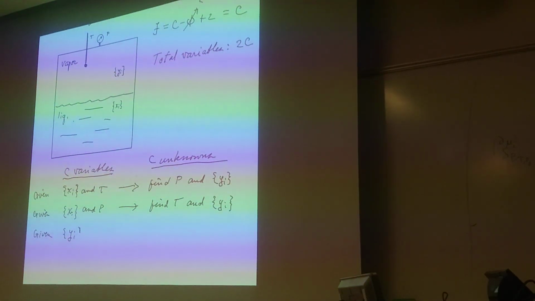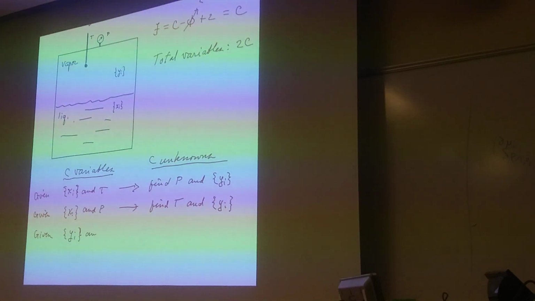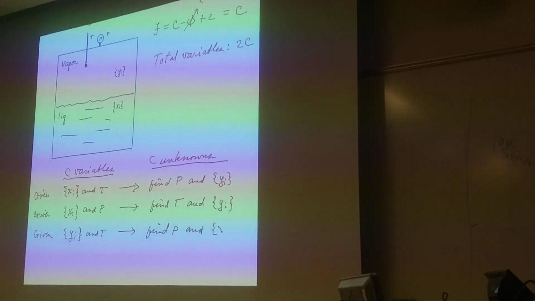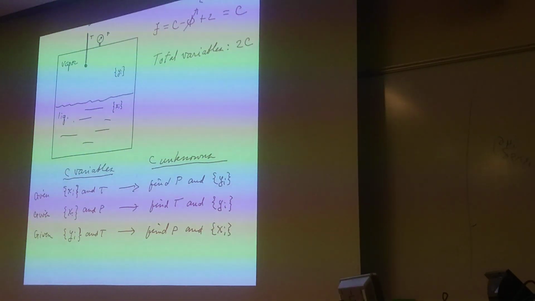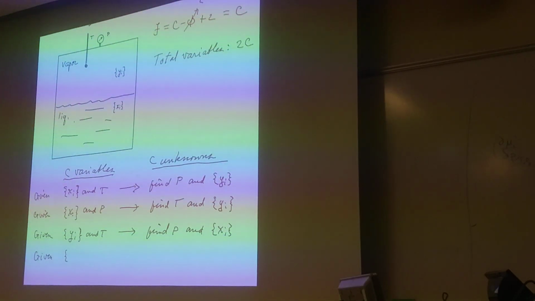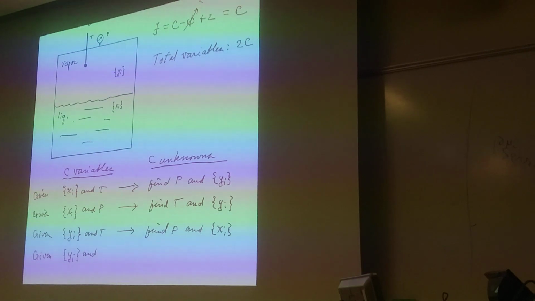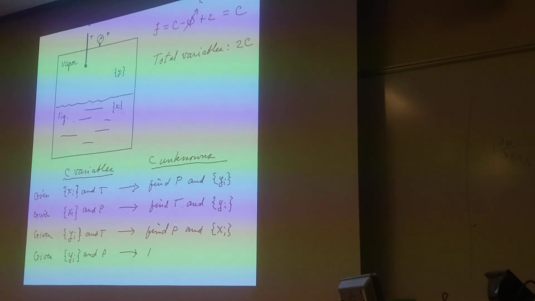I may be given the vapor phase composition and the temperature, and be asked to find the pressure and the liquid phase composition. And lastly, be given vapor phase composition and the pressure, and be asked to find the system temperature and the liquid phase composition.